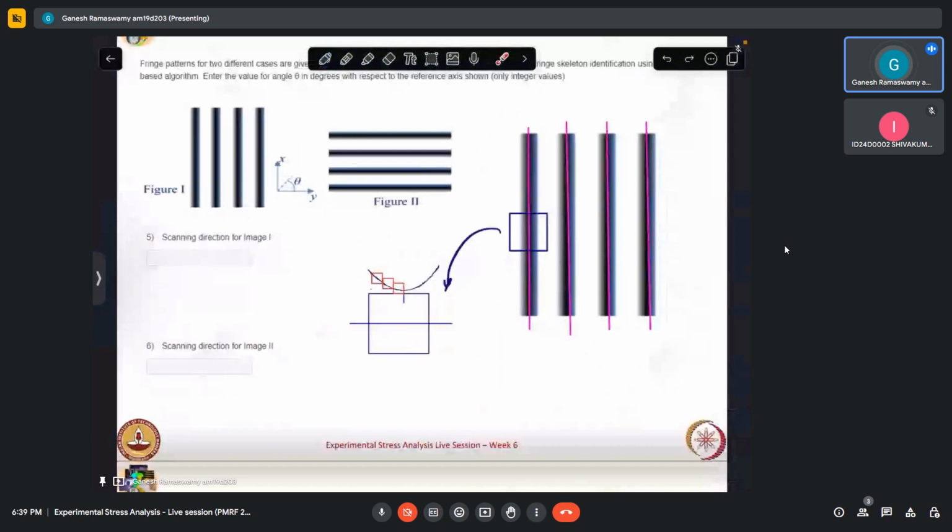Whatever is the intensity variation, we want our scanning to be perpendicular to that. So in this case our scanning would have to be along this direction. So scanning for image 1 has to be along the horizontal direction.